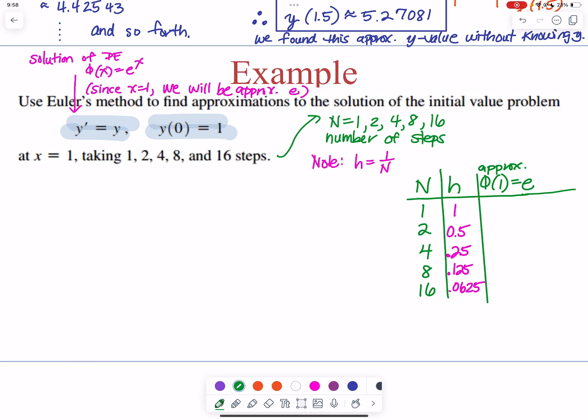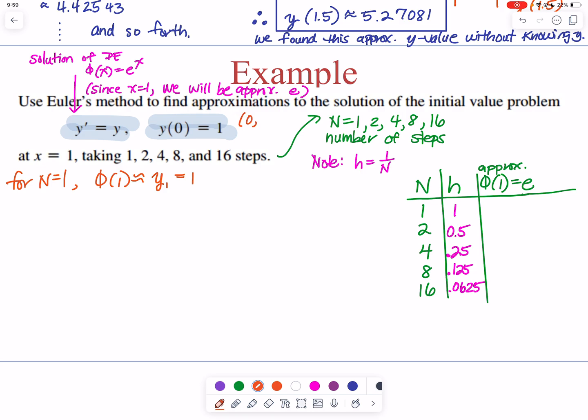Let's just look at a couple of these. For n equal to 1, we will have phi of 1, and we're just looking for y of 1. So y of 1 is approximately equal to our original y value, which is 1.